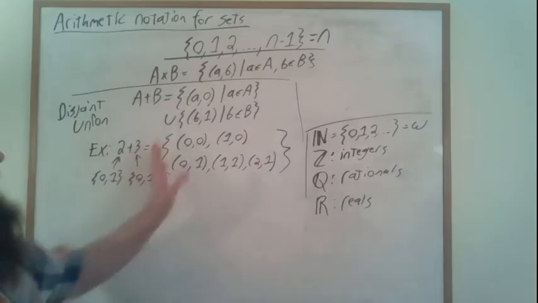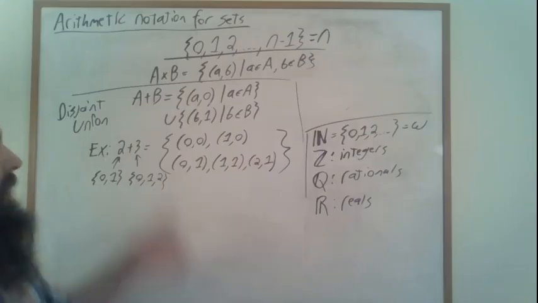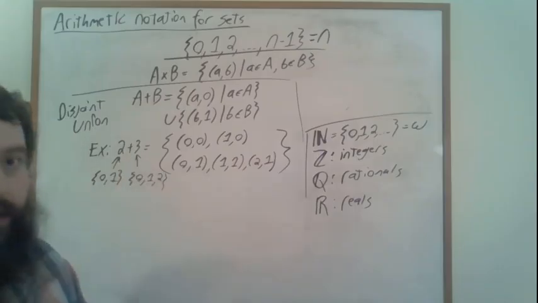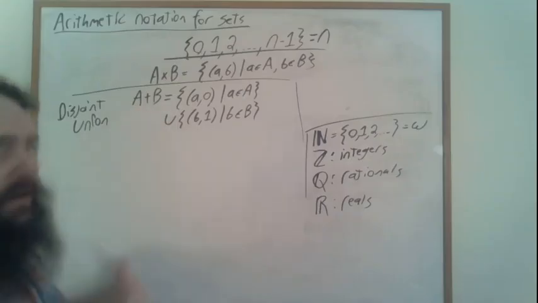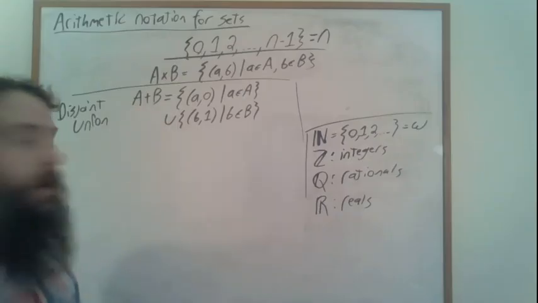And again, this set here isn't the set 5, but it's a set of size 5, which is what we were looking for. And now, of course, the question: does this notation satisfy the kinds of properties that addition does?